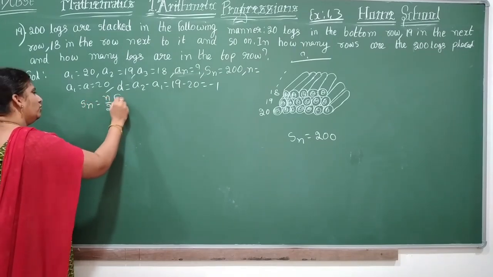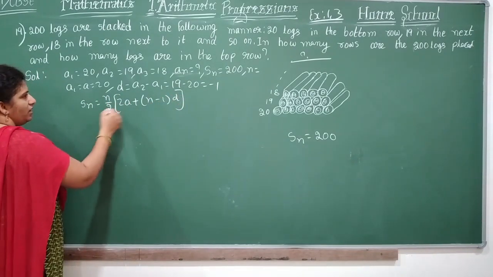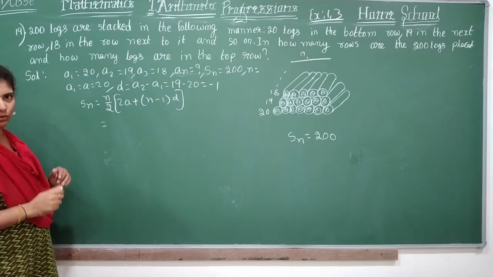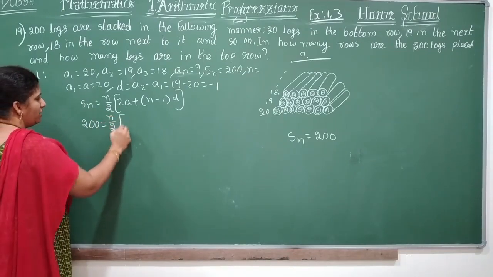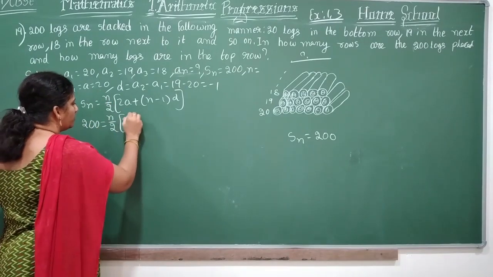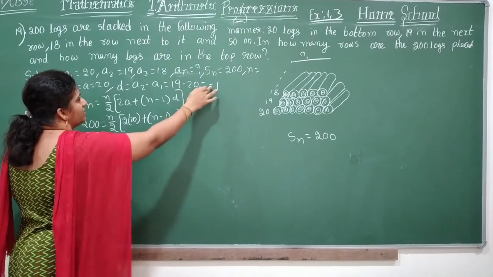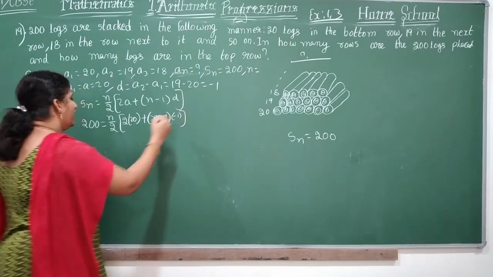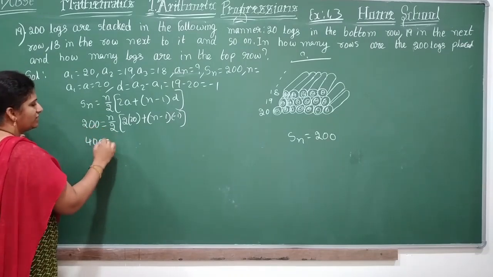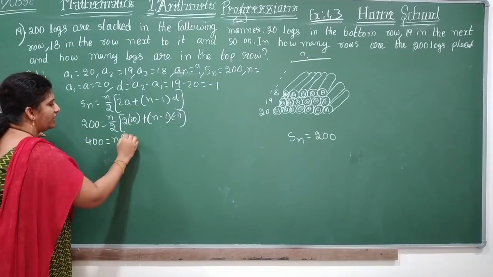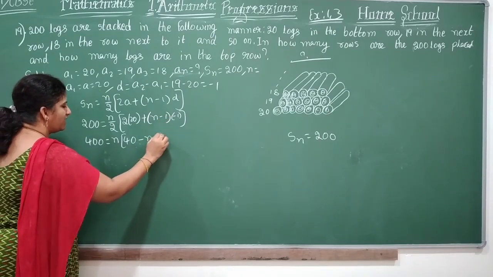N by 2 into 2A plus N minus 1 into D. SN value we know, but I don't know N. So I substitute SN: 200 is equal to N by 2 into 2 into 20 plus N minus 1 into minus 1. Now send the 2 to this side: 400 is equal to N into 2 twos are 40 minus N, minus into minus plus 1.